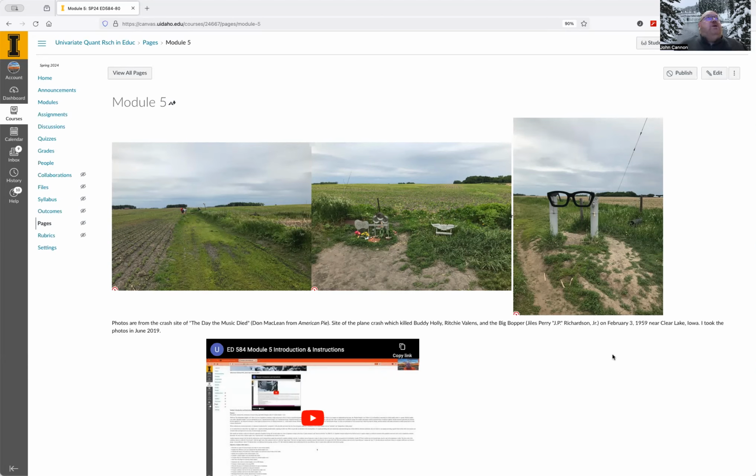My sister-in-law is from Mason City, and the weather was not very good, and they crashed right after takeoff. And it was Buddy Holly, Richie Valens, and the Big Bopper, and those were some of the top rock and roll singers back at that time. And it was on February 3rd, 1959.